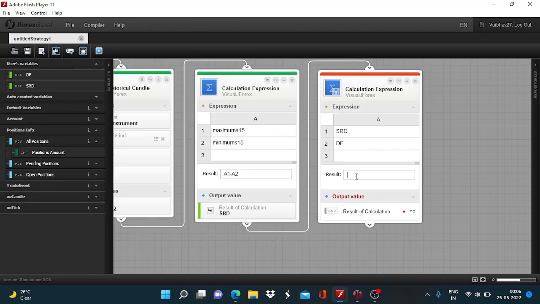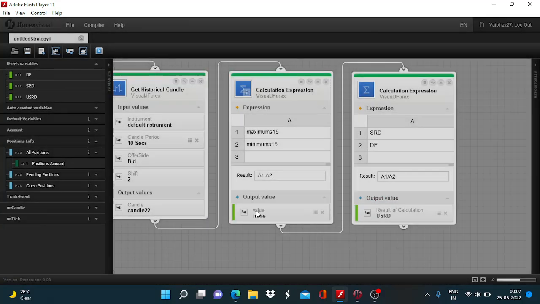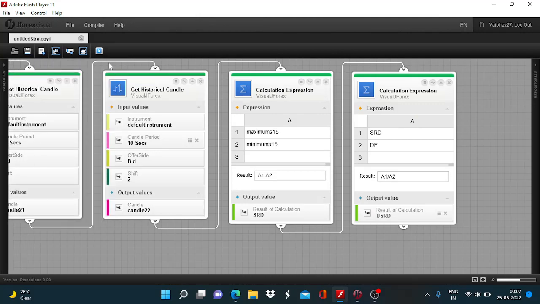And this will be A1 divided by A2. Alright. And I will name it the usable support resistance difference. Okay, so we have this newly defined variable which is going to be pretty important while defining the conditions for the execution of the trade.